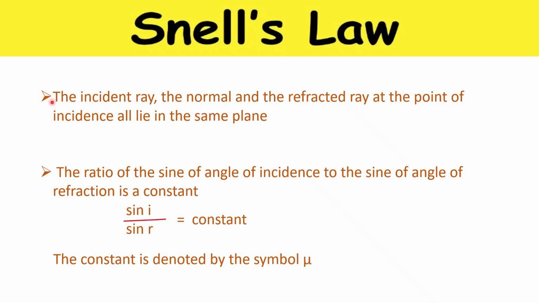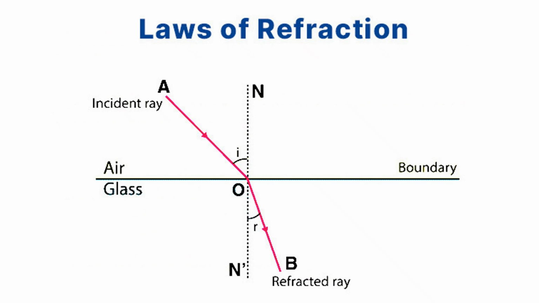Now let me come to the first statement. The incident ray, the normal and the refracted ray at the point of incidence all lie in the same plane. Now let us look at this diagram. Here we have a surface that divides two mediums.